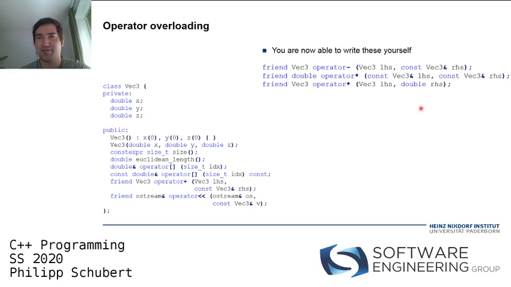You could also have another operator times, which you overload in case you have on the left hand side a vec3 type and on the right hand side a double type. And then you could basically just scale that vector up, and you could multiply each entry of that vector LHS with the double on the right hand side here.